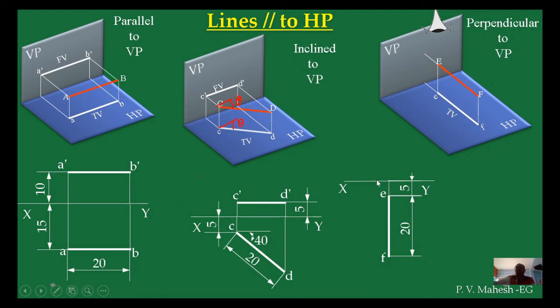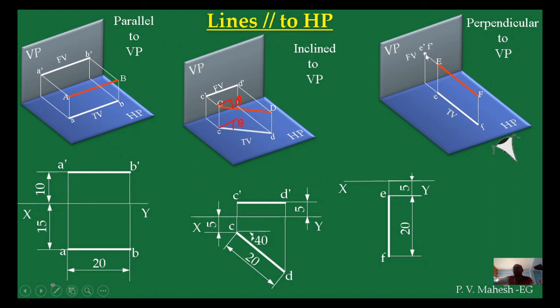Once the top view is completed, I have to go for the front view. When the observer is looking from the front, this point will coincide with this point and he will see a point here. This entire line will converge as a point in the front view, and this is E dash F dash. For drawing this front view, I need this distance.